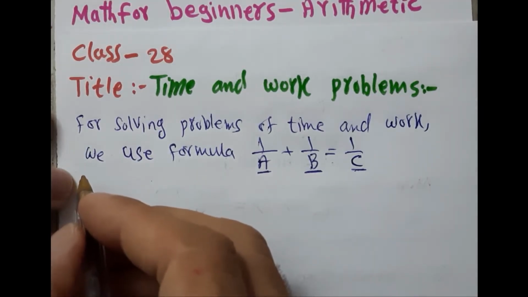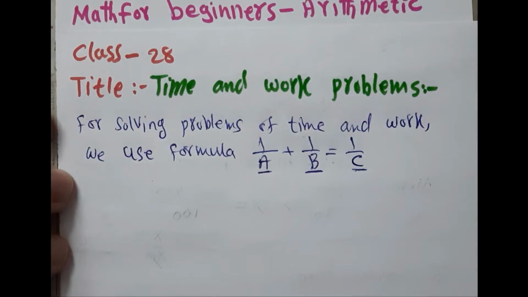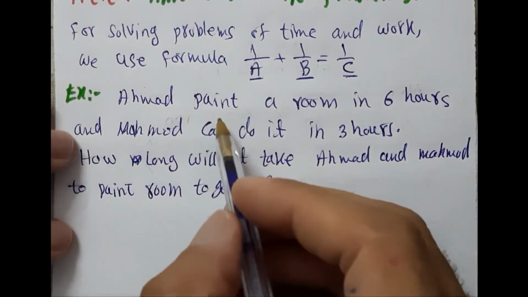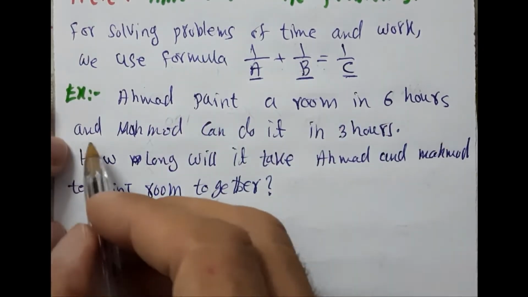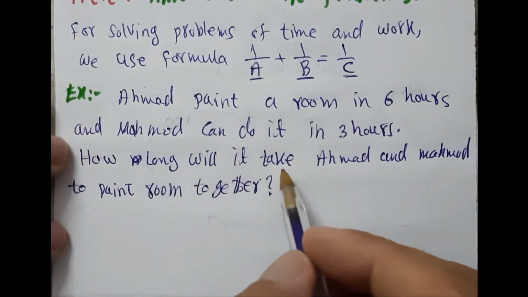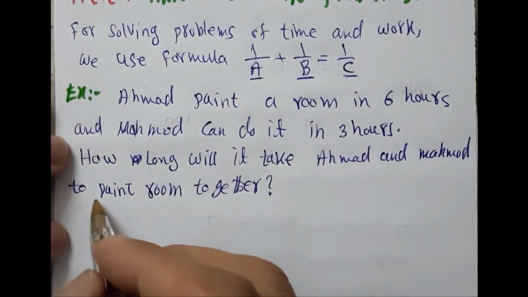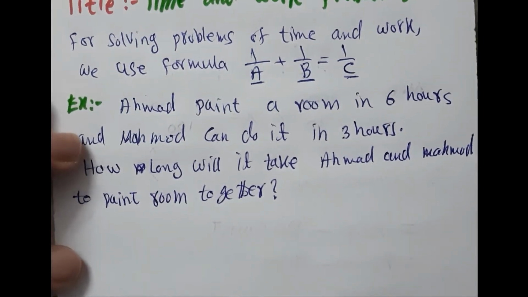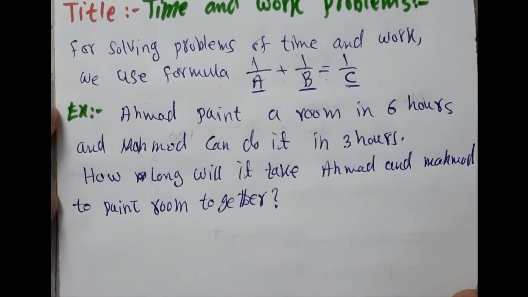Now we want to solve an example. Ahmad can paint a room in 6 hours and Mahmoud can do it in 3 hours. How long will it take Ahmad and Mahmoud to paint the room together? Now we want to find the time in which they work together.